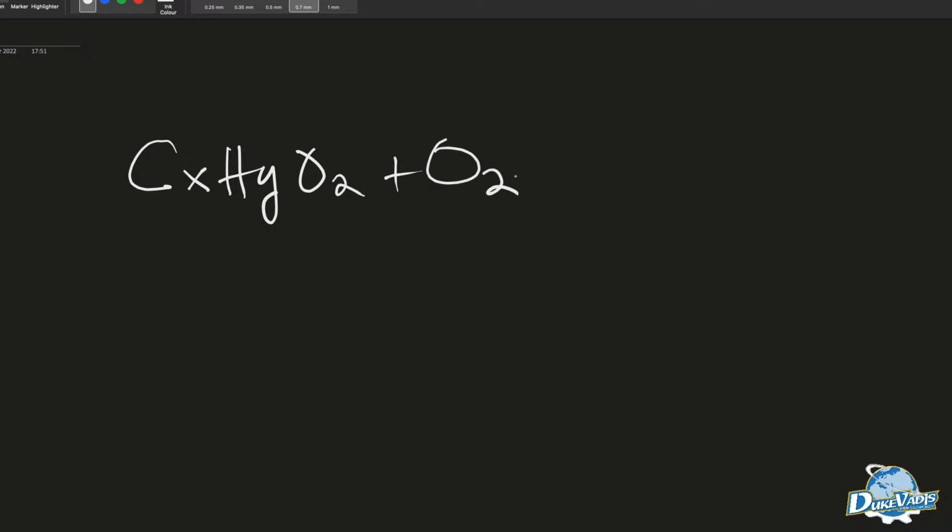Now let's see. If we have a compound like CxHy, plus oxygen, it will definitely produce CO2 plus water.